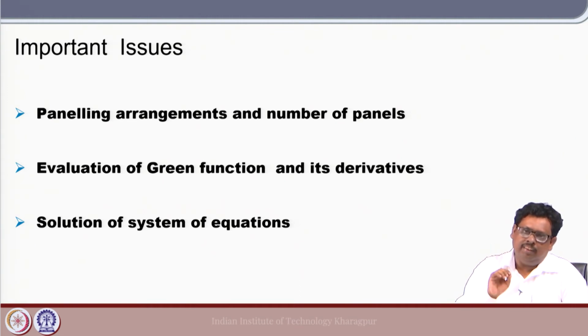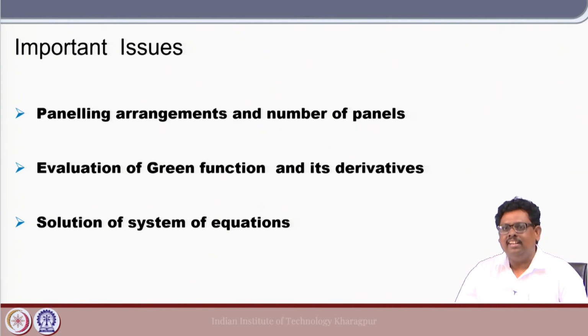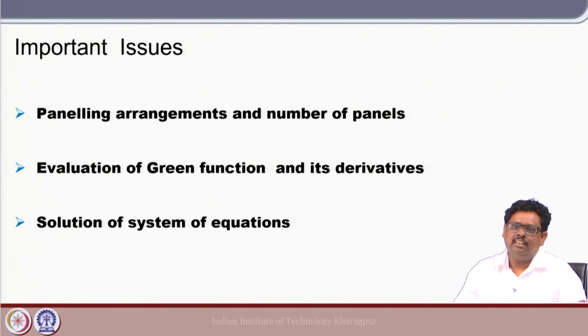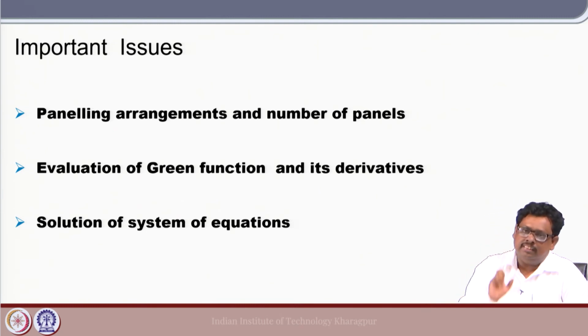The question is how you get it, and the only answer is experience. The more you work in this domain, the more you understand the arrangement of the panels and what the minimum characteristic length between two panels should be. So, this is one thing.